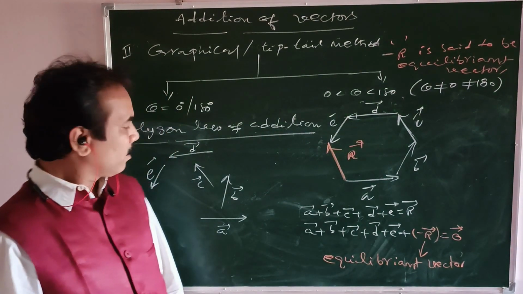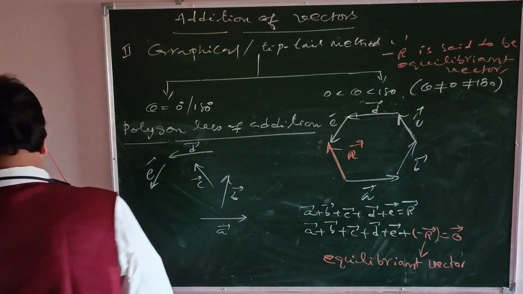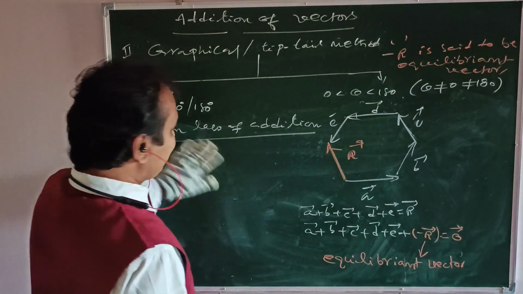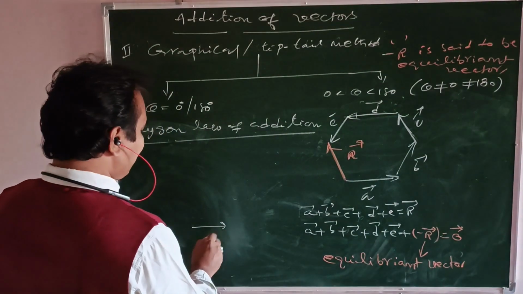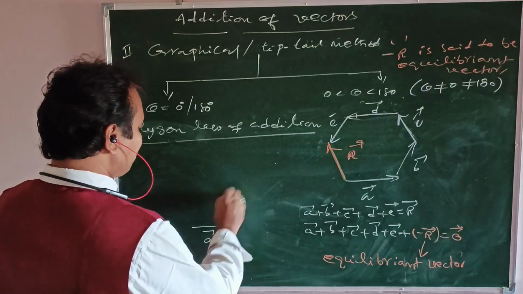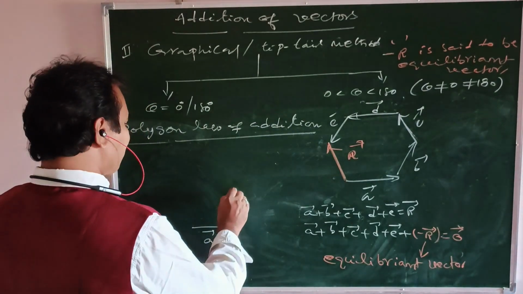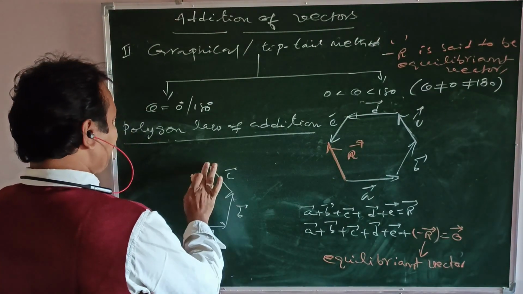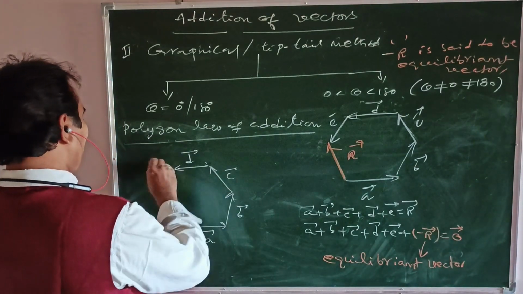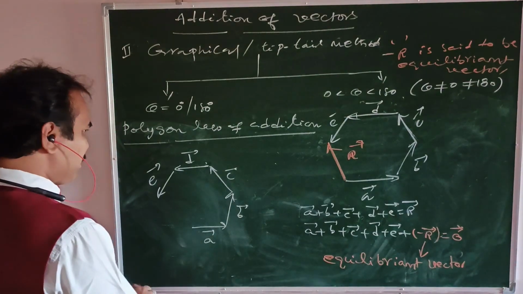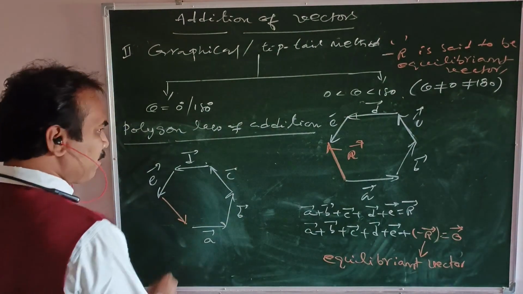Okay, right? Now whatever diagram, say all vectors are taken as usual. A bar, here it is B bar, here it is C bar, here D bar, here E bar. Now this is R bar or minus R bar.